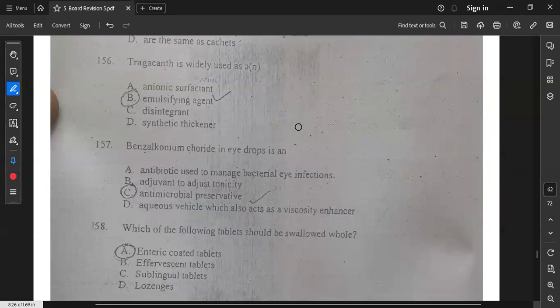We're told there are solid unit dosage forms in which the drug is enclosed in tasteless sheets.